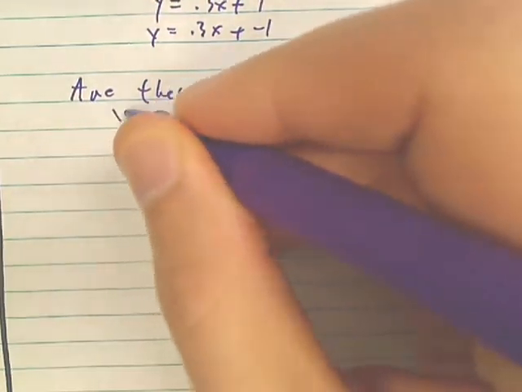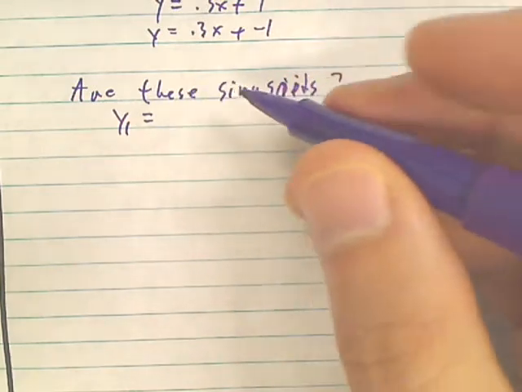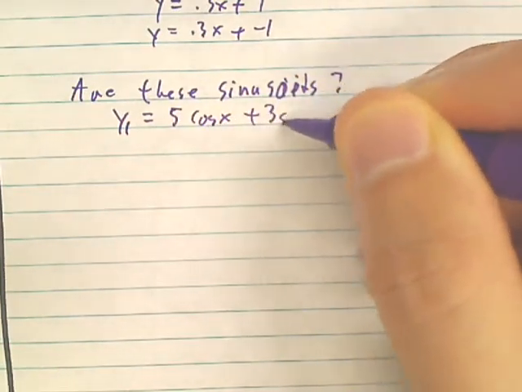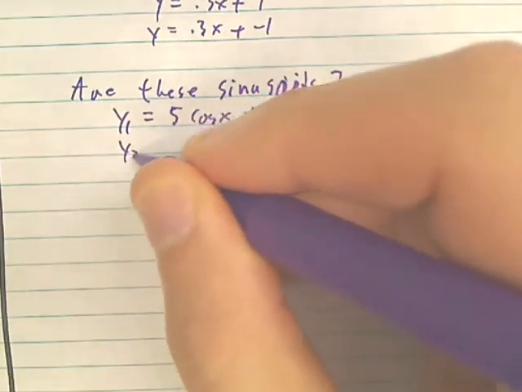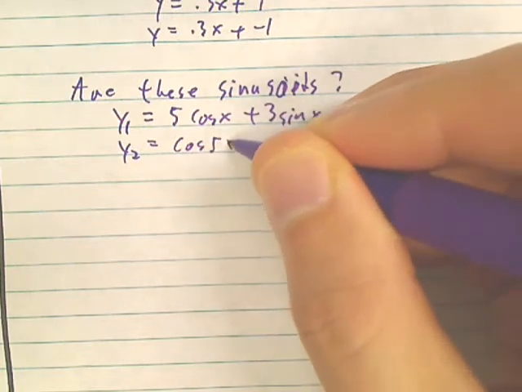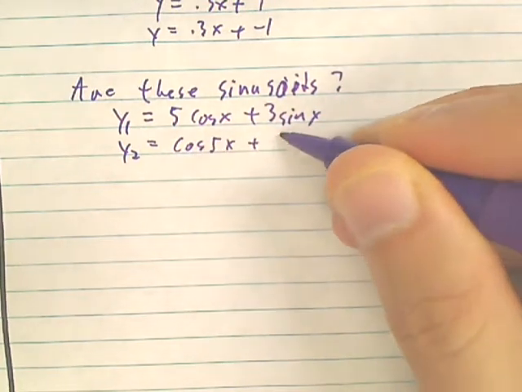Let's consider y1 equals 5 cosine x plus 3 sine x, and y2 equals cosine 5x plus sine 3x.